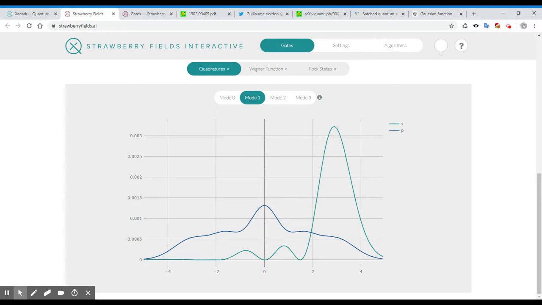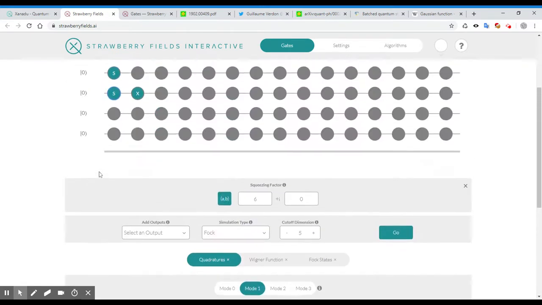I still don't know how that's going to help me understand Grover, but it's definitely an interesting exercise. Gotta keep going with this.